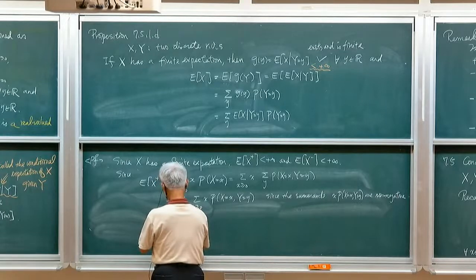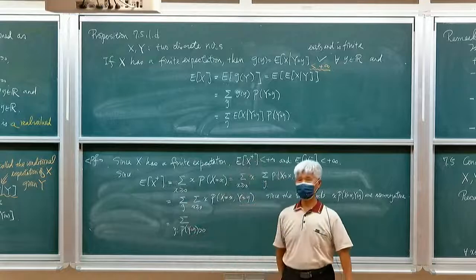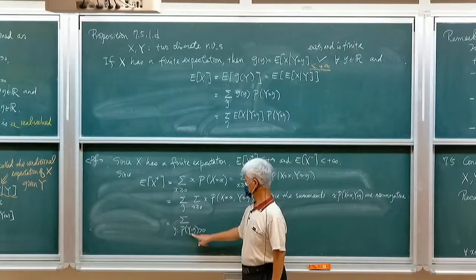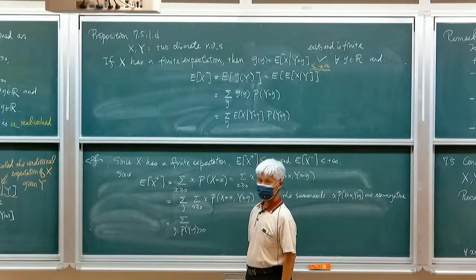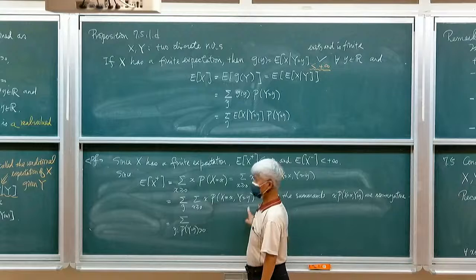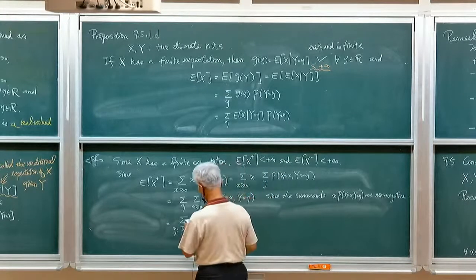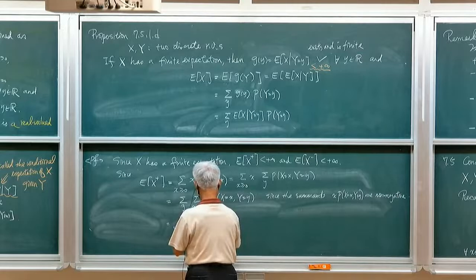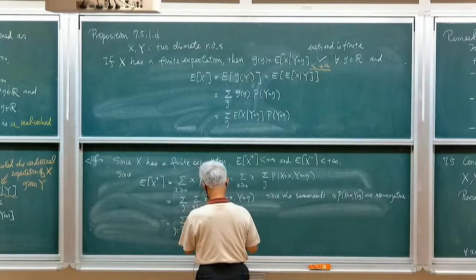Now we can sum over all y such that the probability is greater than 0, because if this probability is 0, then the joint probability is 0, of course. So we can just concentrate on this one.